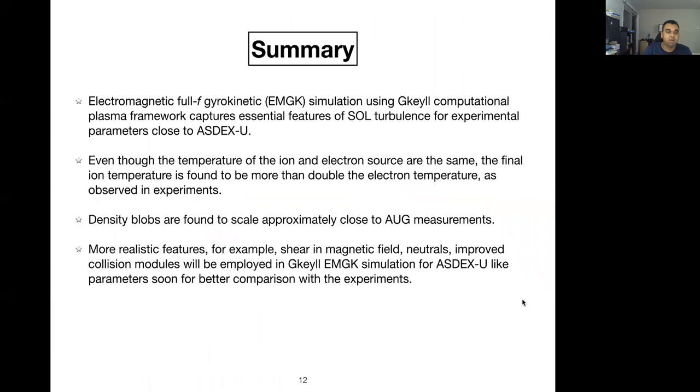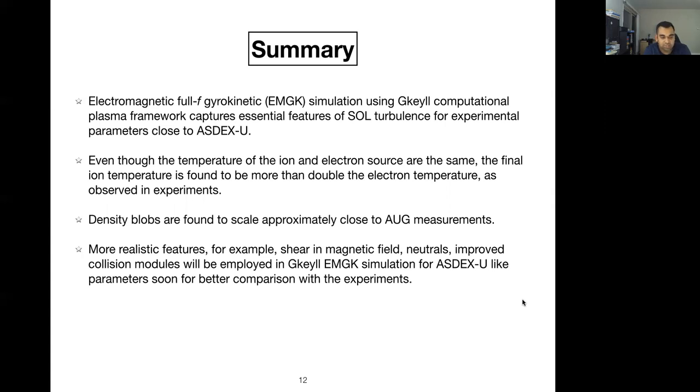In summary, we have performed a full-F electromagnetic gyrokinetic simulation. We call this EMGK simulation using the Jekyll computational plasma architecture. And this captures the essential features of the SOL turbulence for the parameters which are experimental parameters close to ASDEX Upgrade shots.